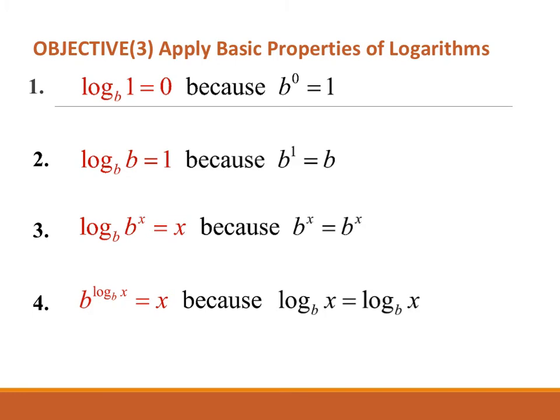And the log base b of b to the x is just x because b to the x is equal to b to the x. And finally, b raised to the log base b of x is just equal to x because the base of the power is just equal to the number, and in this case log base b of x is just equal to log base b of x.